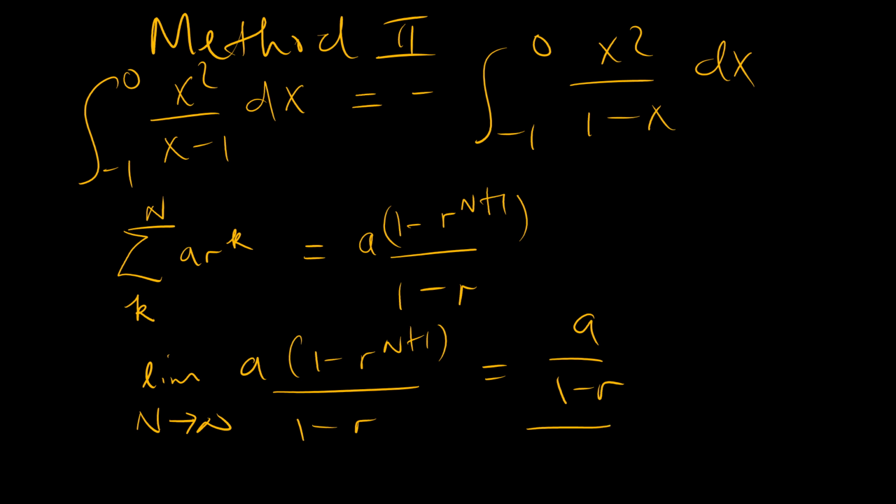For the instance in which a is 1, we would have 1 over 1 minus r. This is very similar to what we have here, right?